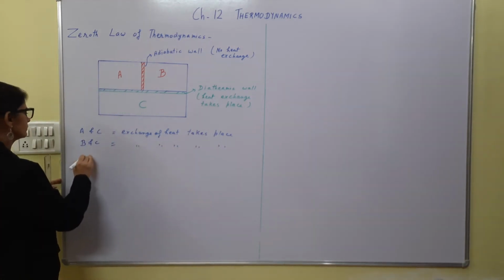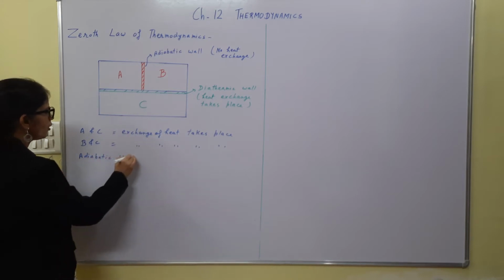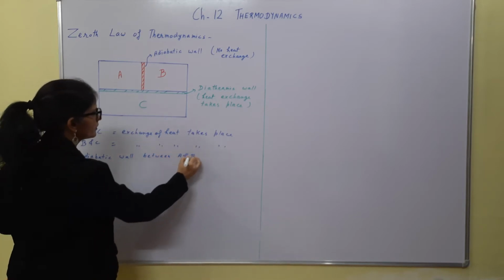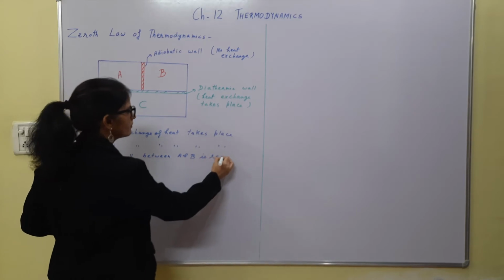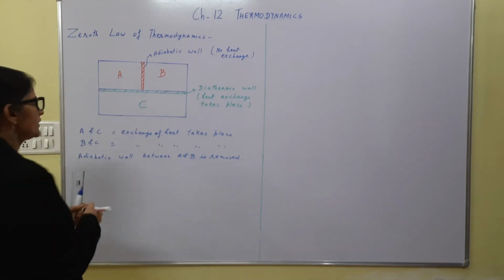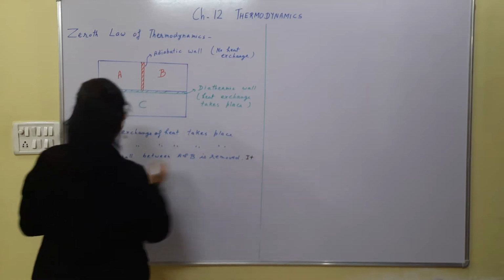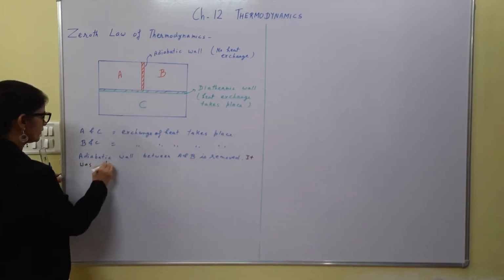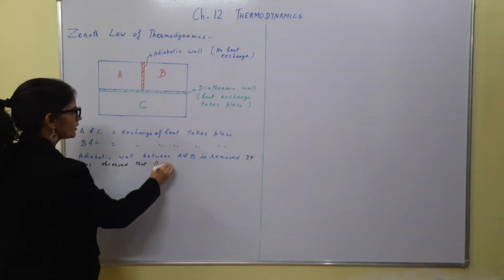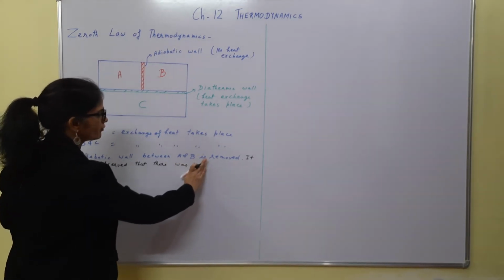Then after, the adiabatic wall between A and B is removed, right? And it was observed that there was no exchange of heat between A and B.